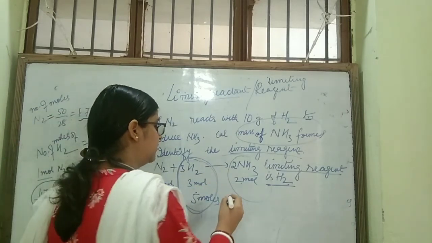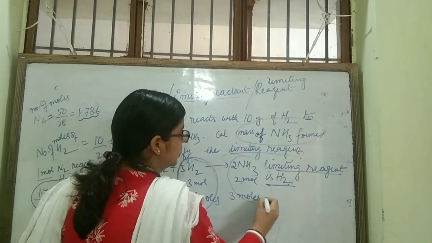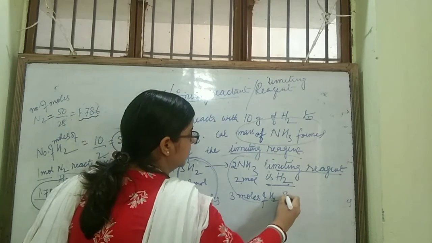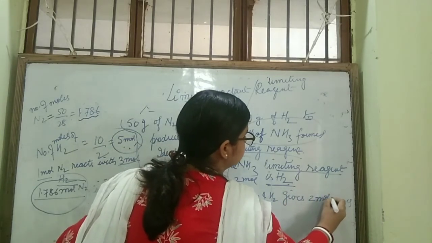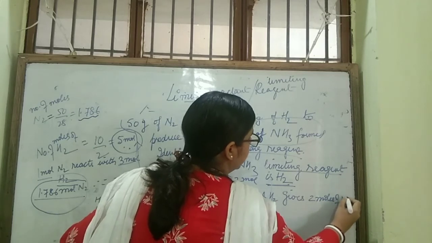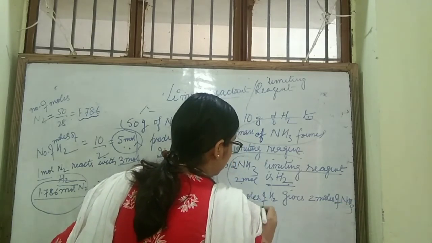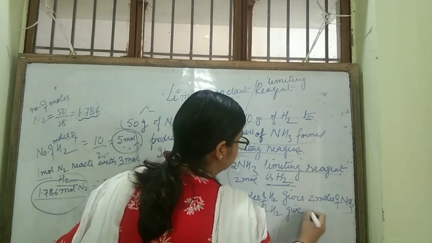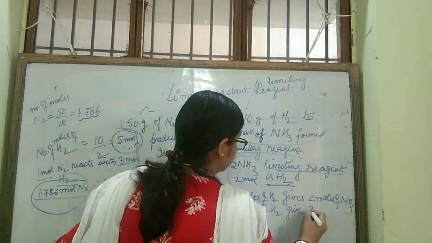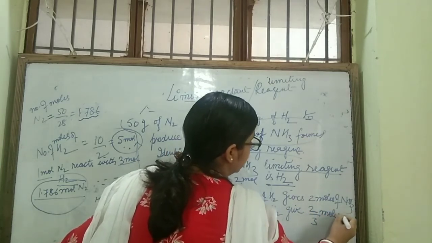How will we calculate? 3 moles of hydrogen gives 2 moles of ammonia. So, 1 mole of hydrogen will give 2/3 moles of ammonia.